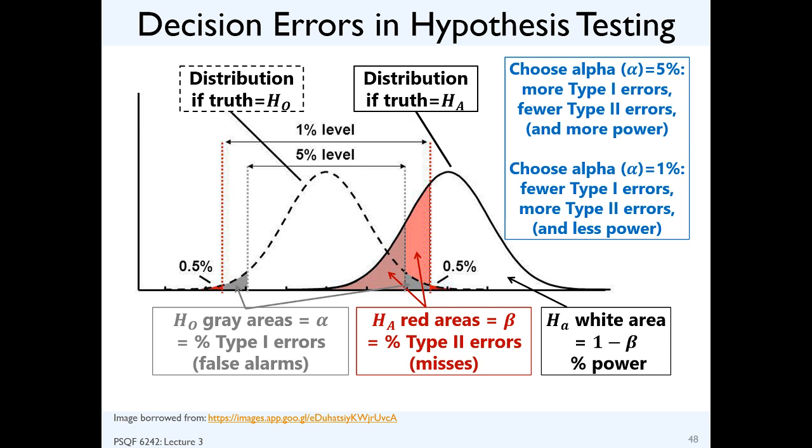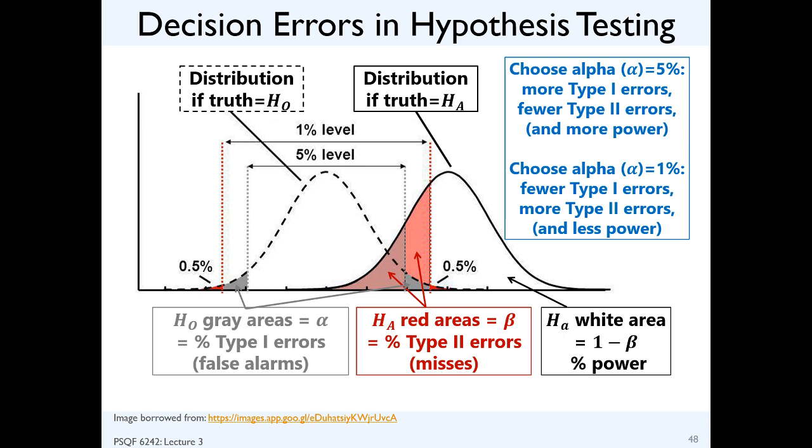So the idea of this red section here, like if I believe this is reality, that there is this correlation out here, and I'm testing it against 0, this red shaded area gives me the percent of time that I am going to say that it is not significant. So it's either this much or this much.